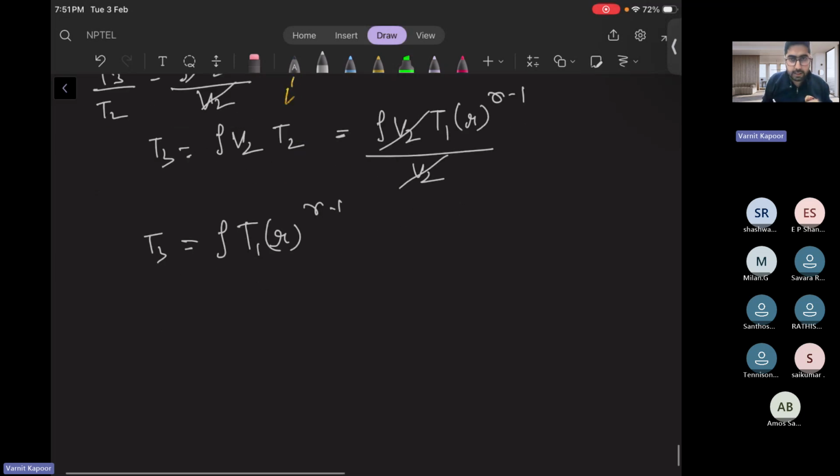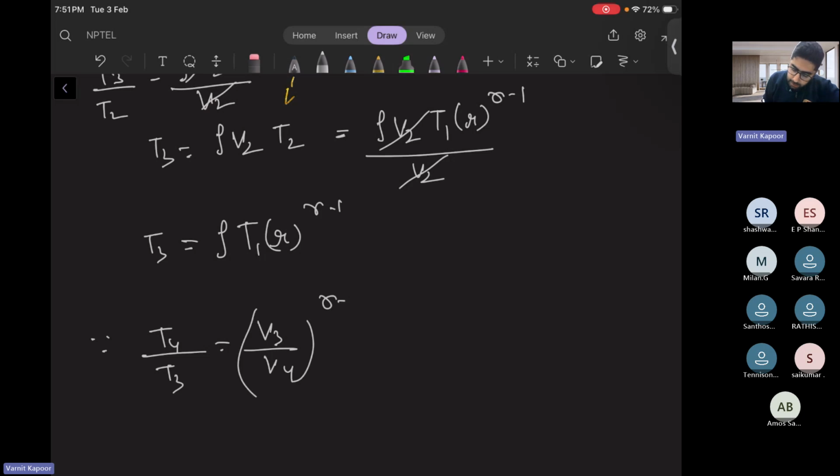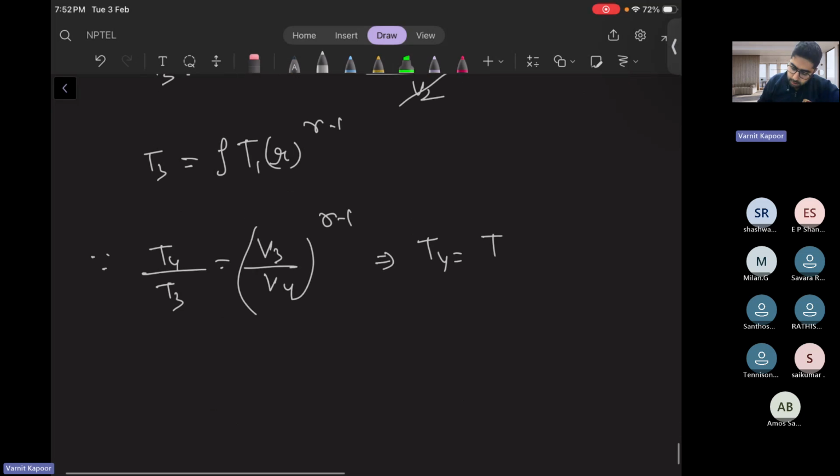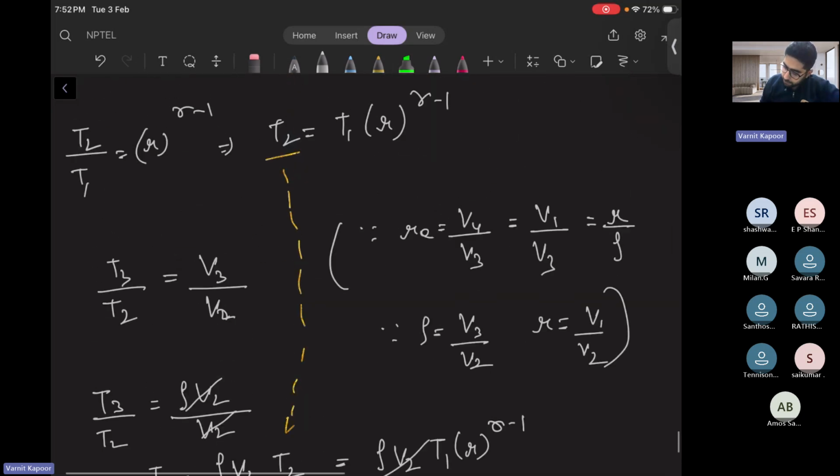And finally, during the isentropic expansion, since you know that T4 by T3 is V3 by V4 to the power of gamma minus 1, you can write T4 as T3 times V3 by V4 to the power of gamma minus 1. V3 by V4 is your expansion ratio, right?